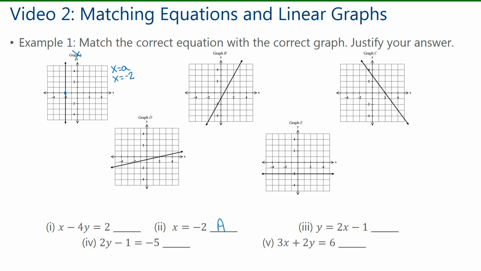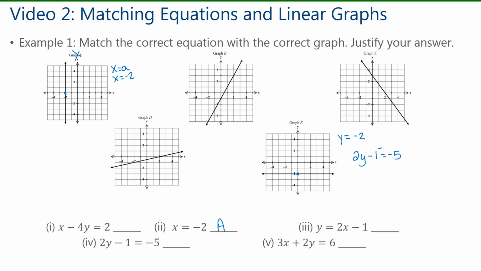Now I'm going to look at graph E, which is a horizontal line. This passes through the y-axis, so it will be of the form y equals. Here we'll have y equals -2. Now looking at the equations listed below, equation 4 is the only one that has a y variable with no x variable. So I'm going to try simplifying 2y minus 1 equals -5 to see if I get y equals -2.